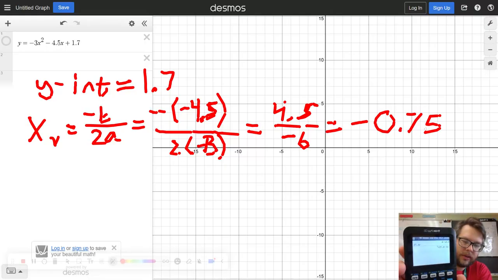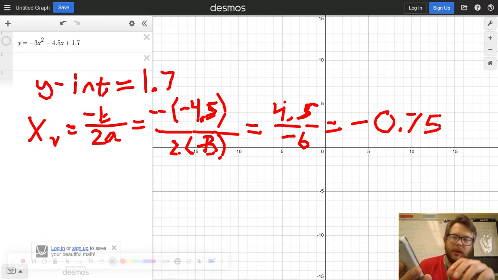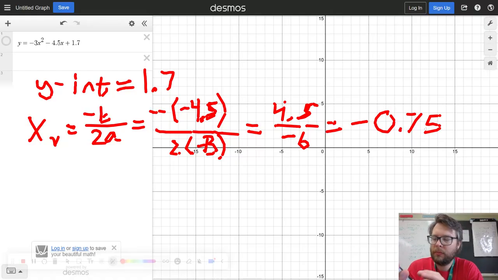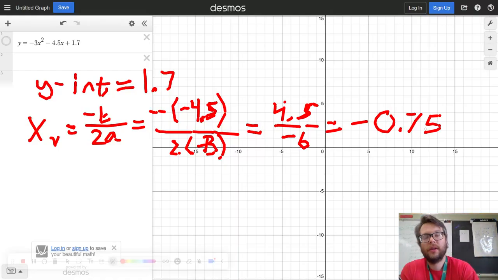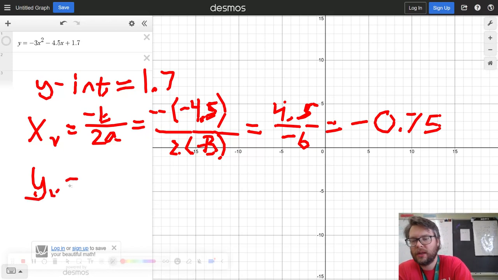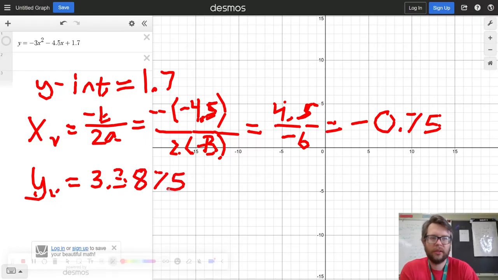I start by going negative 3 times x squared, so negative 0.75 squared, minus 4.5 times x, plus 1.7. So I just typed the whole darn thing in, all in one line with parentheses. And I got the y value is 3.3875. Beautiful.